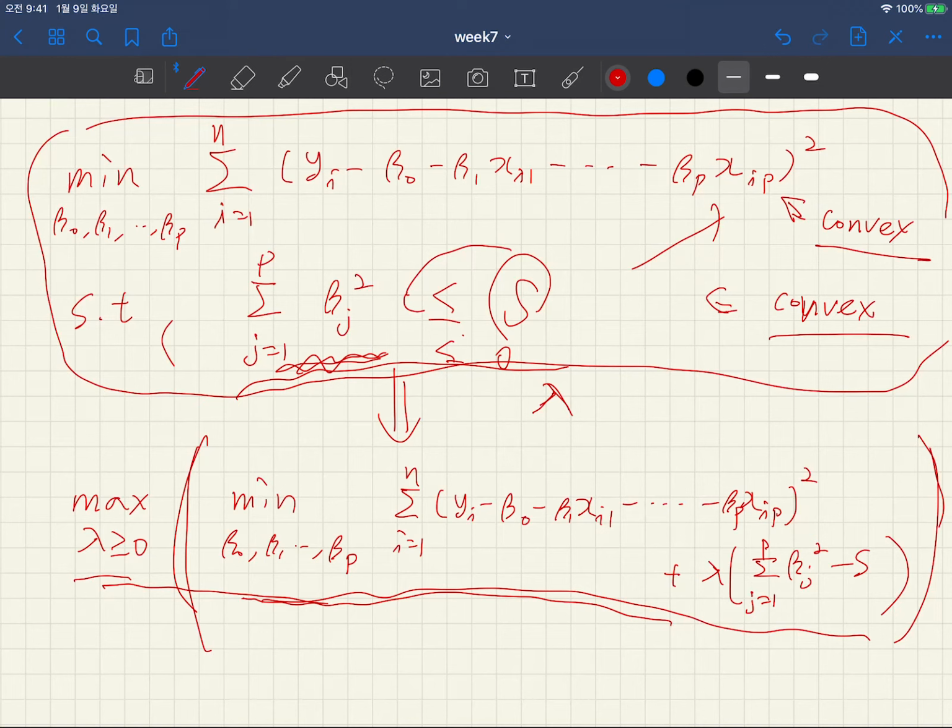Okay. When you look at this dual problem, it is very interesting. This is again the RSS value, and this is lambda times the squared L2 norm minus s. But minus s is just a constant, which does not act in finding beta 0 to beta p. So essentially, we're solving the RSS plus lambda times squared L2 norm cost function minimization problem all the time.